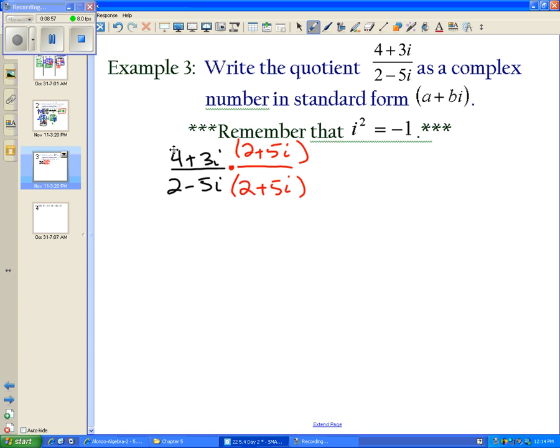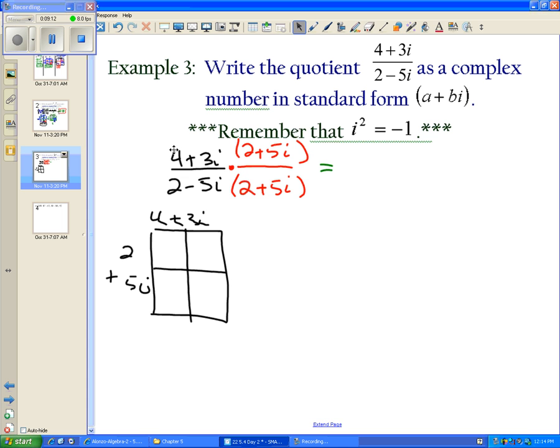So I'm going to go ahead and multiply this out. My numerator, again using the box method: 4 plus 3i, 2 plus 5i. 4 times 2 is 8. 3i times 2 is 6i. 4 times 5i is 20i. 3i times 5i is 15i squared.